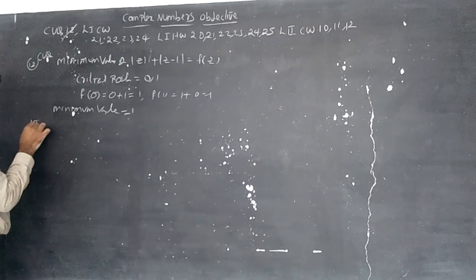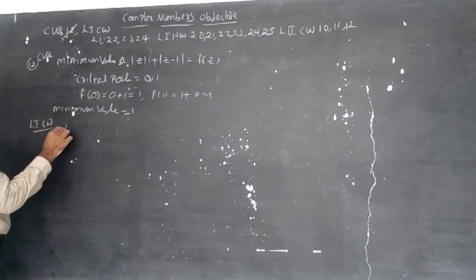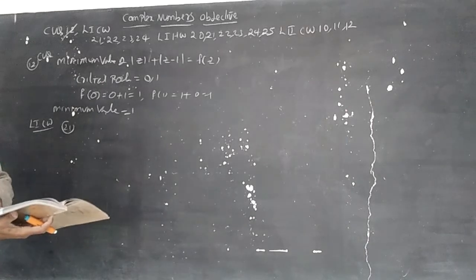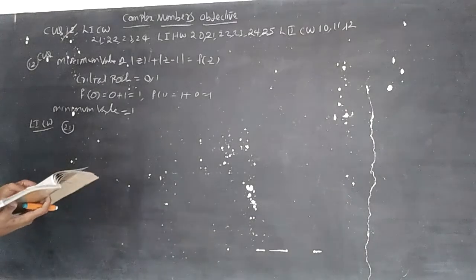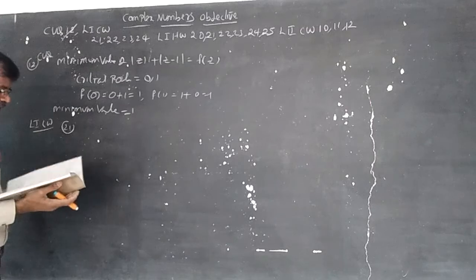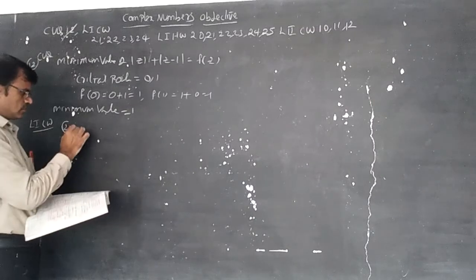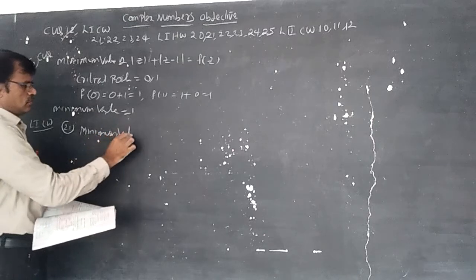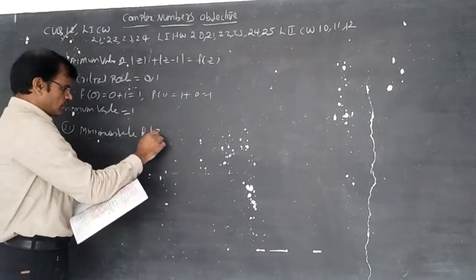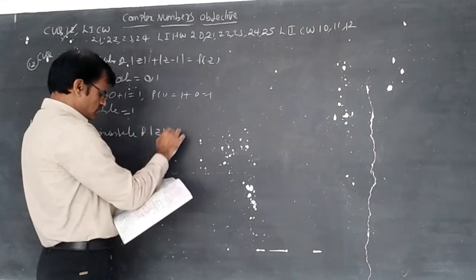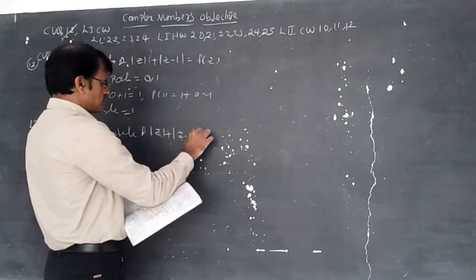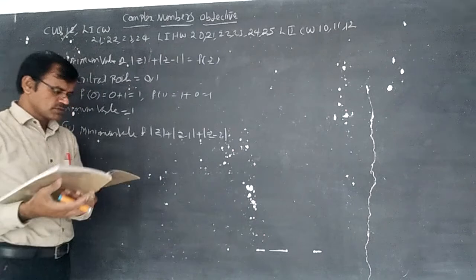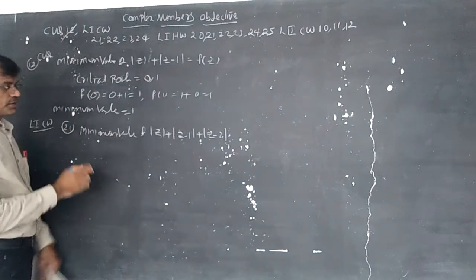Now level 1 classwork, 21st question. The minimum value of modulus of z plus modulus of z minus 1 plus modulus of z minus 2.